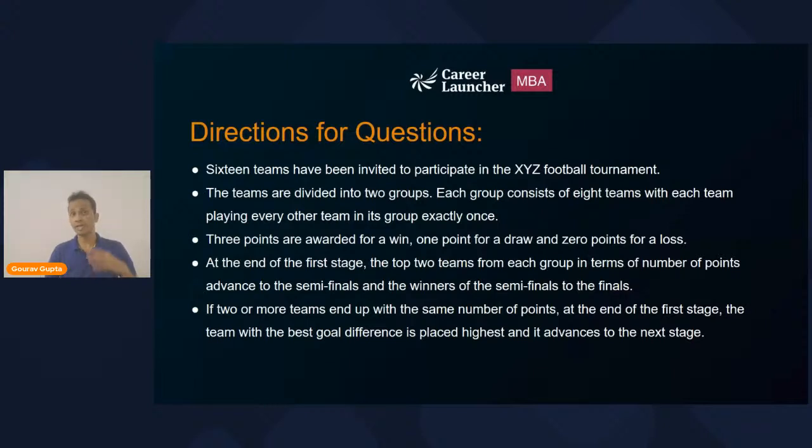If at any point we are unable to select the top 2 teams based on the number of points, which will happen only if among the top few teams there are equal points, then we have a way to find out which team will qualify for the next round. So there is no problem at all.